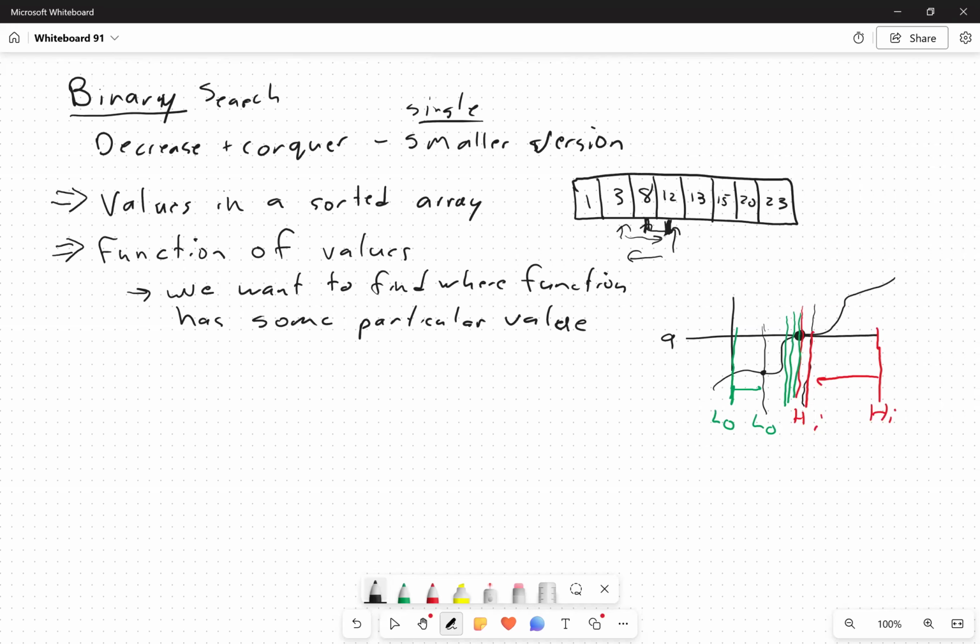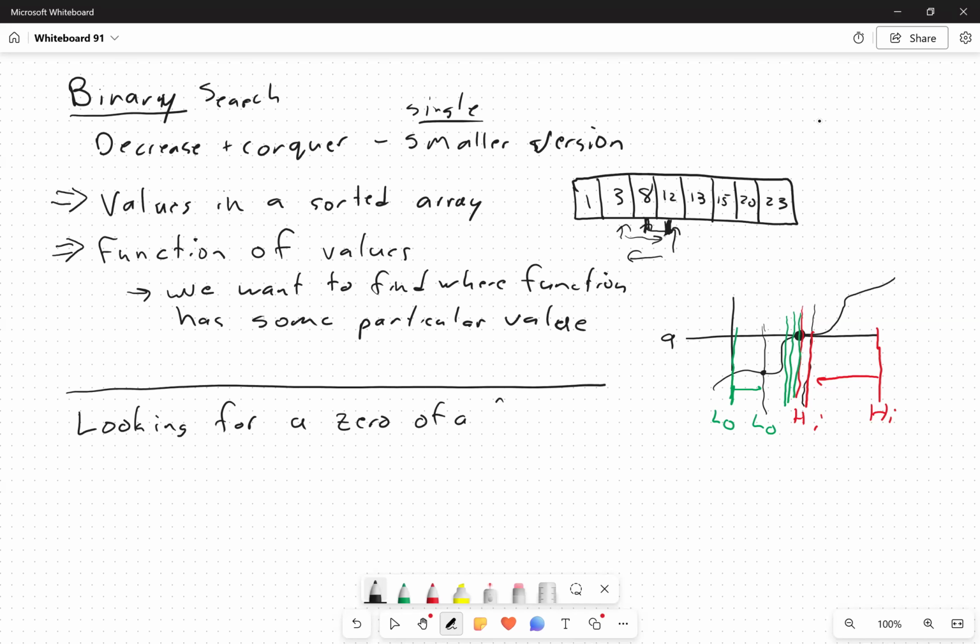So the general way that we would describe this is that we are looking for a zero of a function. Okay, and so first of all, if we want to find f of x is equal to a, so if we actually don't want zero, we want to find where it's a, then that is completely equivalent to finding f of x minus a equals 0.